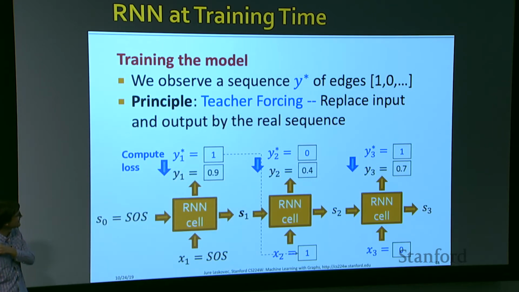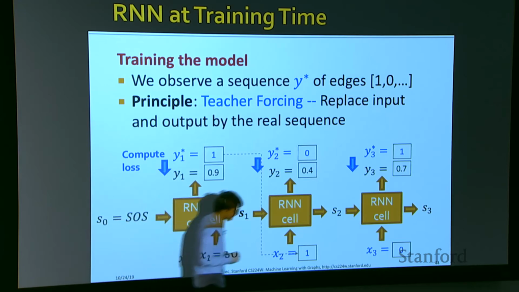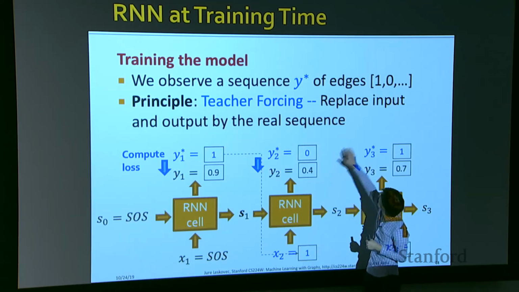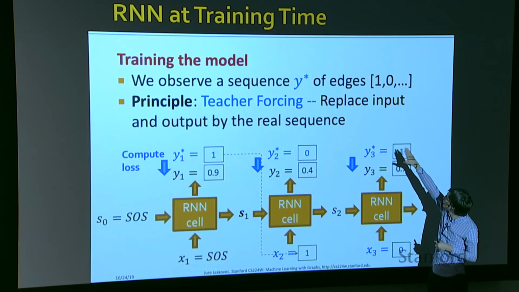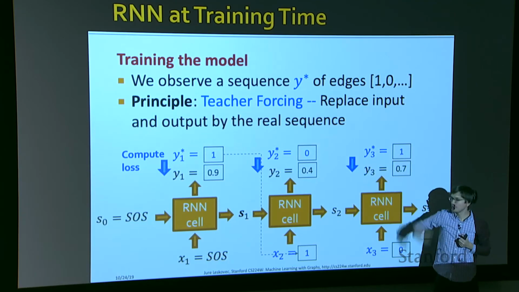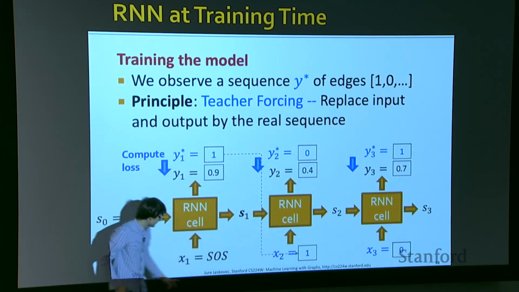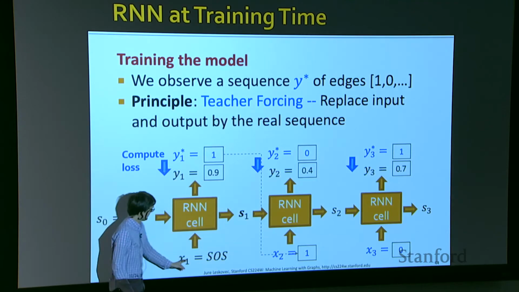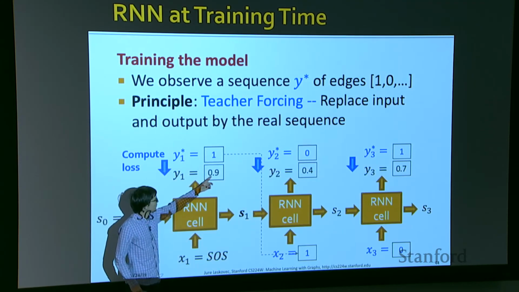And what is teacher forcing? I feel a bit strange talking about teacher forcing, but what is it? Teacher forcing is that you replace the output and the input with a real sequence. Essentially, you initialize your sequence, you start, you get the probability, but you don't flip the coin.